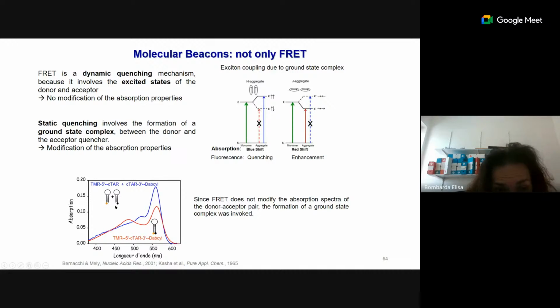So meaning that when they are too close, the absorbance is changed. So something happens. So there is not FRET, or at least there is not only FRET, there is also something else.